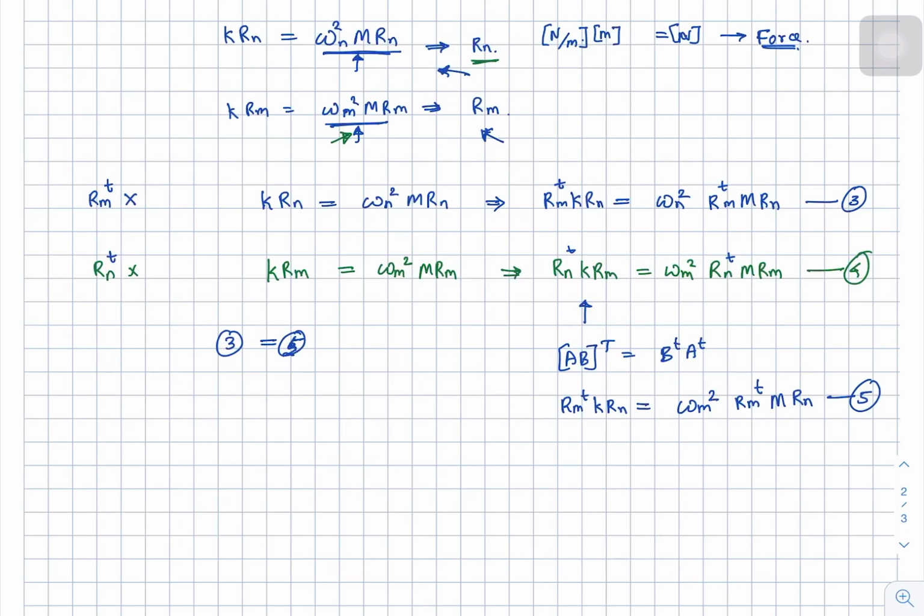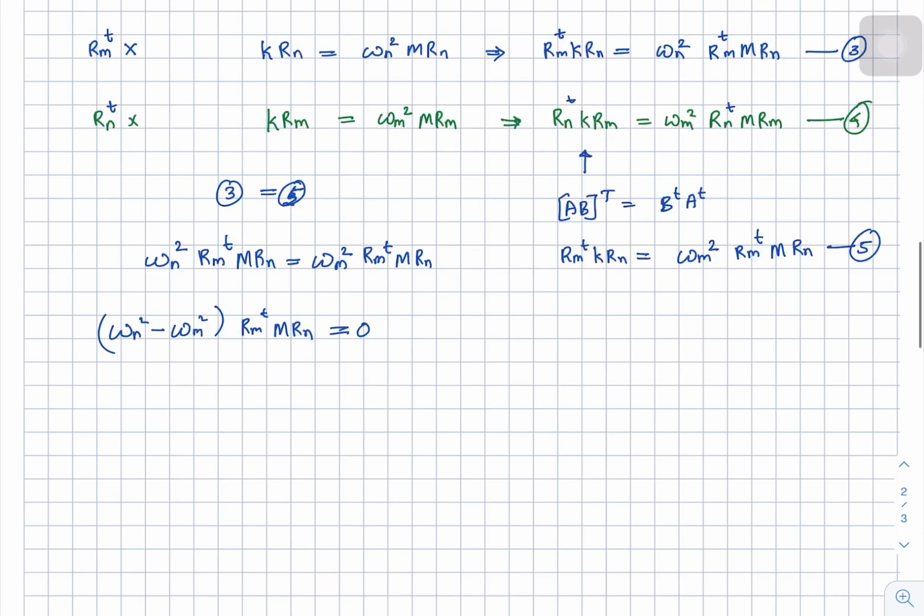So by equating, I am writing the RHS of equation 3, omega n square Rm transpose m Rn equal to omega m square Rm transpose m Rn. So now I will bring things into one side, equal to 0.